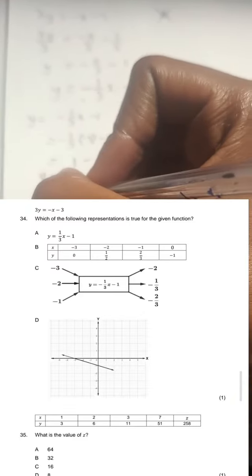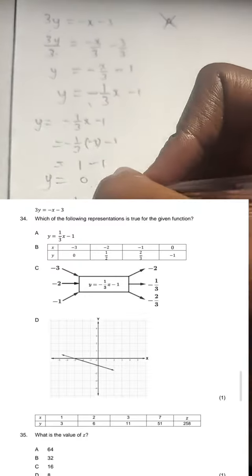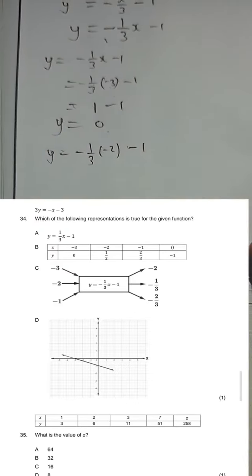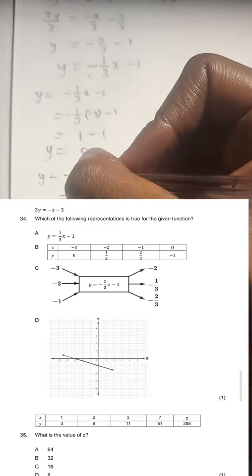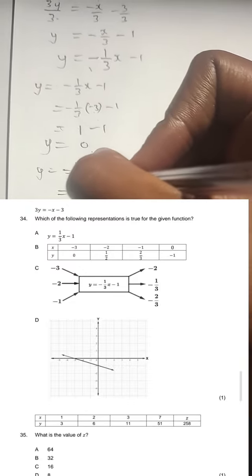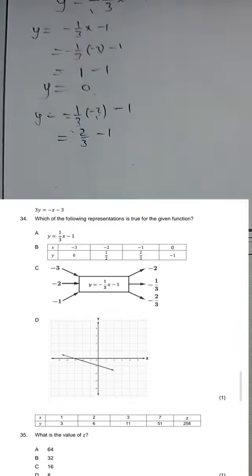Let's check if we substitute negative 2, do we also get half, which you see as your answer there? Let's check this one. If I substitute negative 2, negative times the negative is positive. 1 over 3 times 2 is 2 over 3 minus 1.